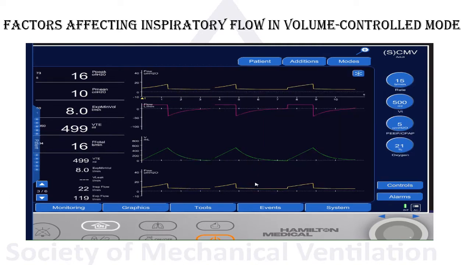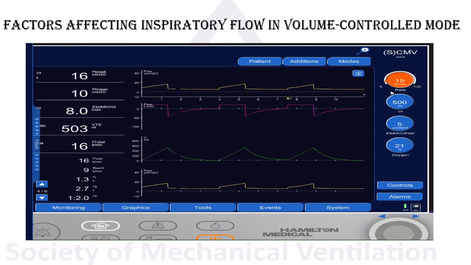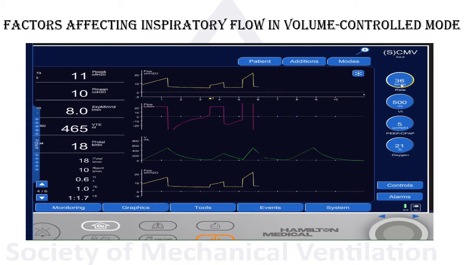So let's see what happens when we increase the rate. Here in this example, the inspiratory flow is about 22 liters per minute, and the inspiratory time is about 1.3 seconds. So let's start by increasing the rate and see the effect of the rate. We're just gonna go high, respiratory rate of 36.